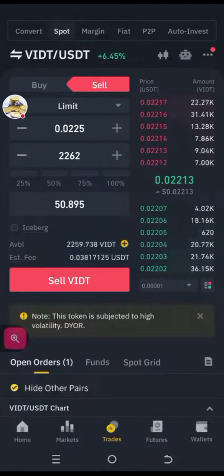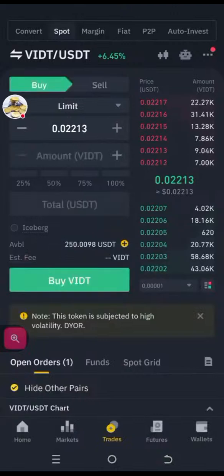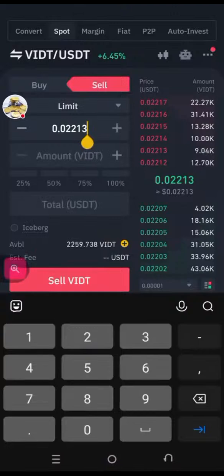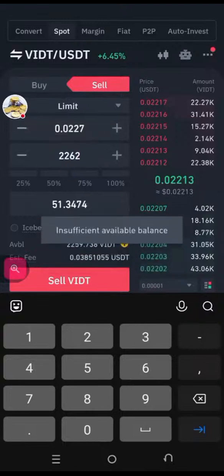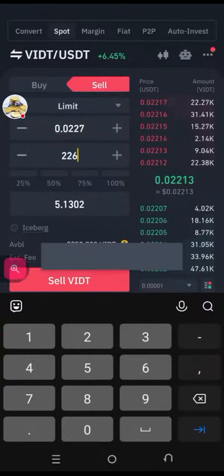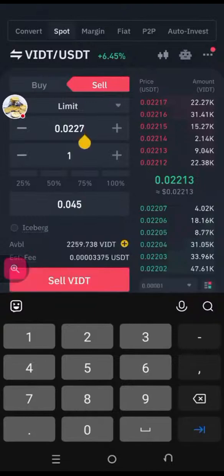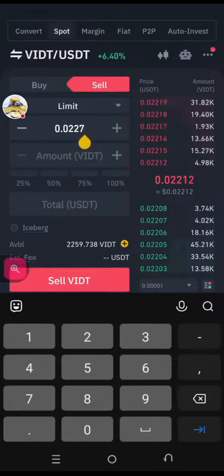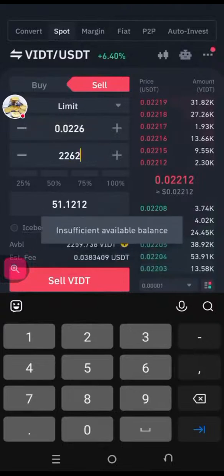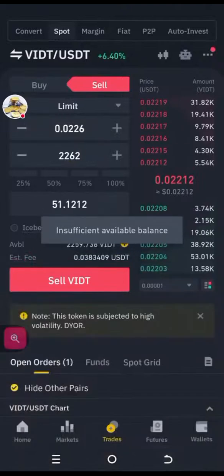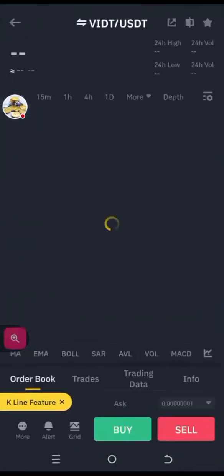Can I get it at 227? Let's see what we get. Okay, $1.34. 227 looks risky, so let's put 226. Okay, let's see whether 226 is going to work. Okay, not that much. $2, 2%.